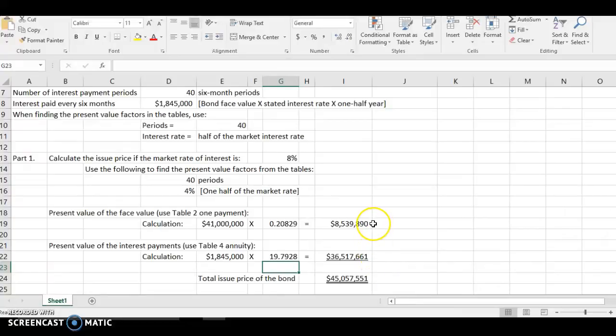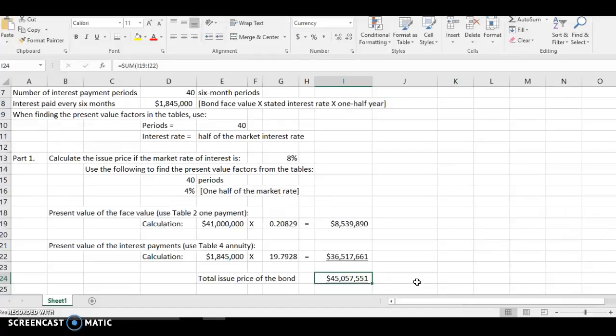We add the present value of the lump sum face value. We add the present value of the interest payments to get the bond price today of $45,057,551.